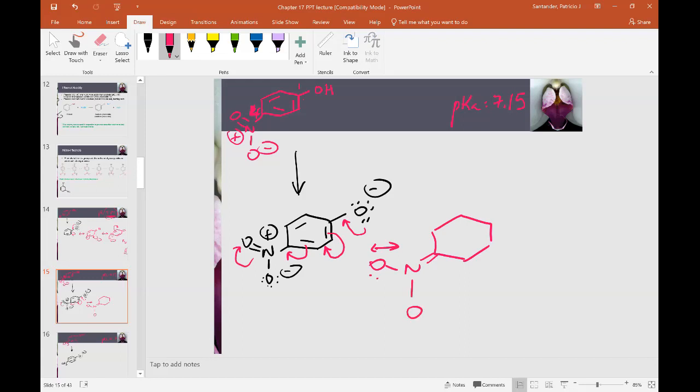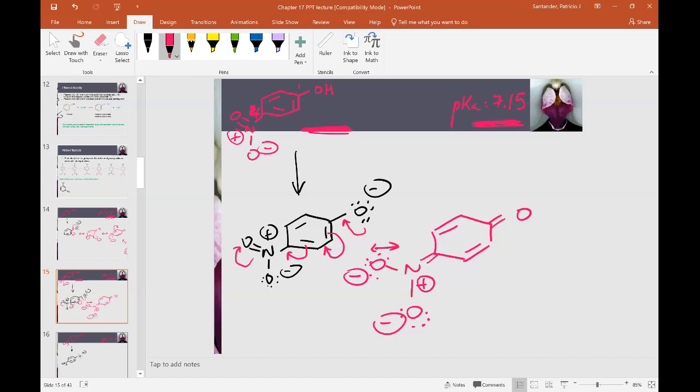And that is the reason why the pKa value decreases even more. We can see that the pKa value is 7.15. So it's even more acidic. The para-nitrophenol is even more acidic than regular phenol.